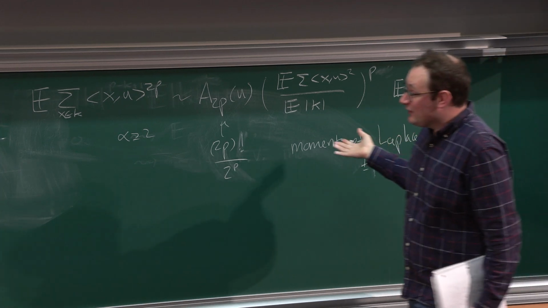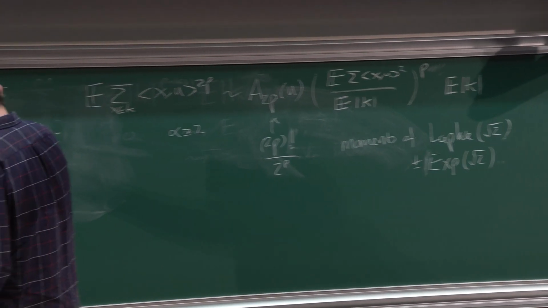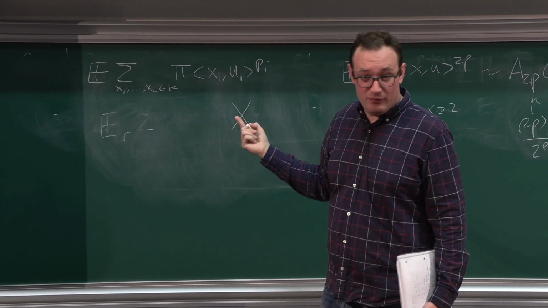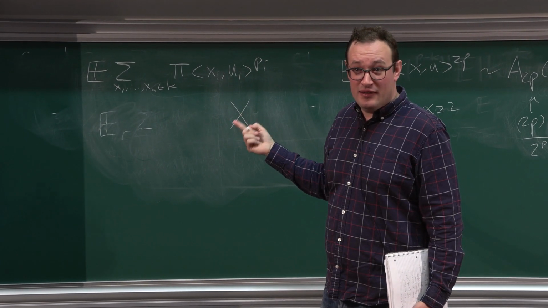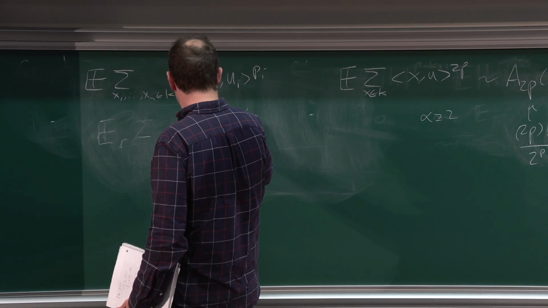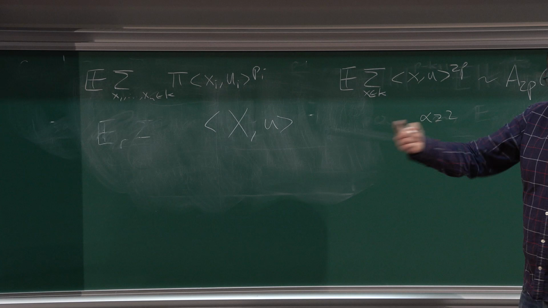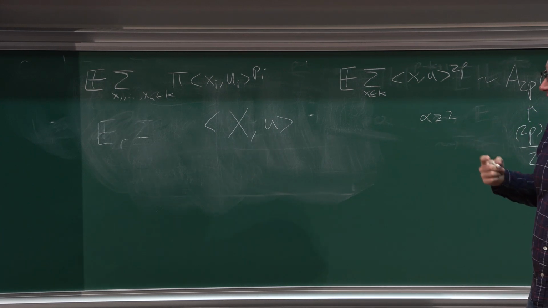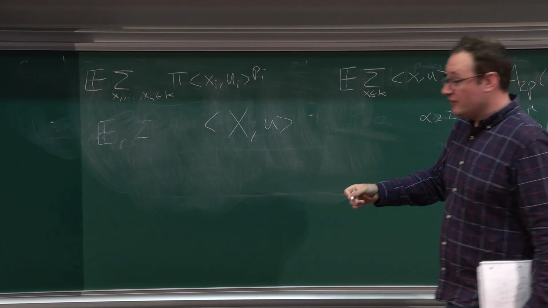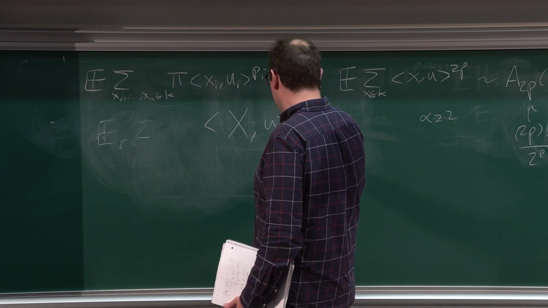So this is telling you in the end that if you do this thing again where you take big X to be a uniform random element of the cluster, and you look at its displacement in the u direction, and you look under the size biased measure, and you rescale appropriately, this converges to Laplace.